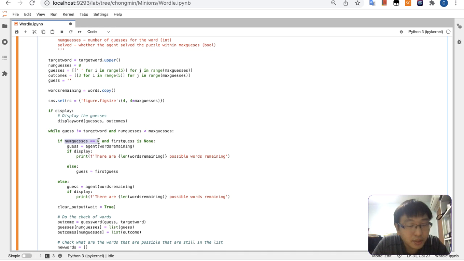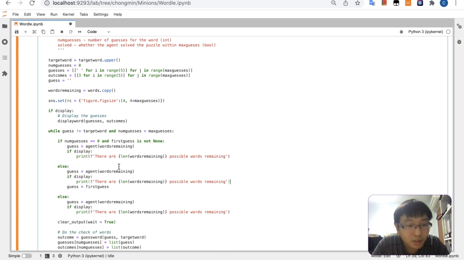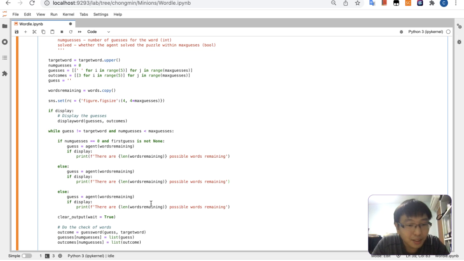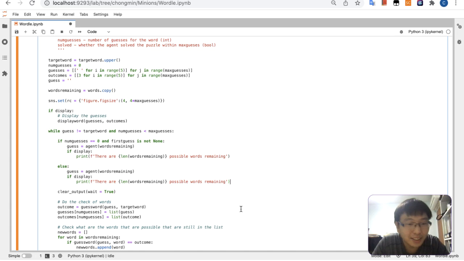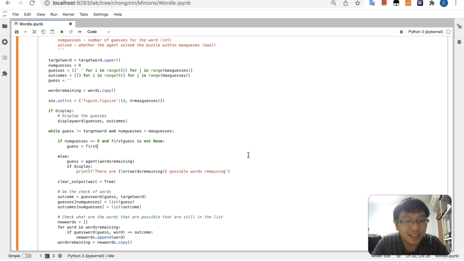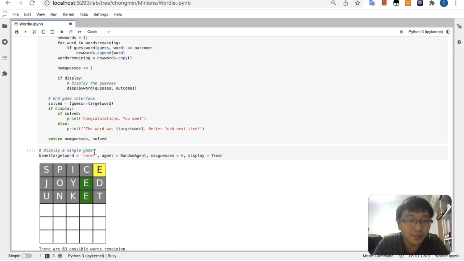Okay, this means that if 0 and this happens, if not, okay, I think I know what's the issue. My logic is wrong. Okay, this is a simple if else logic. What I wanted to do is really this. So only in this condition, then we make guess is first guess. If not, we do that. Okay, so this should work now.